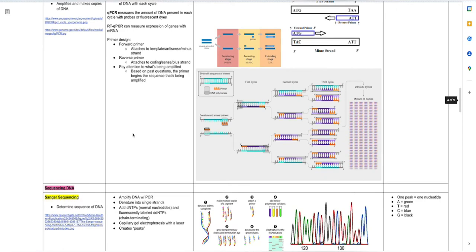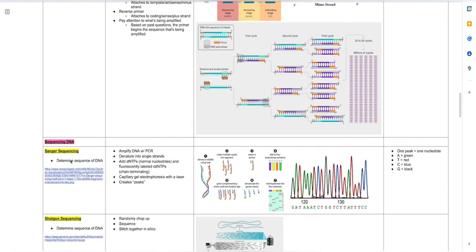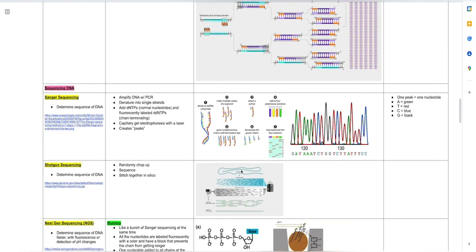Okay, so first up is Sanger sequencing. This was one of the first technologies developed to determine the sequence of DNA. And this process is pretty simple. What you do is you amplify your DNA with PCR, like we talked about, and then you denature into single strands.